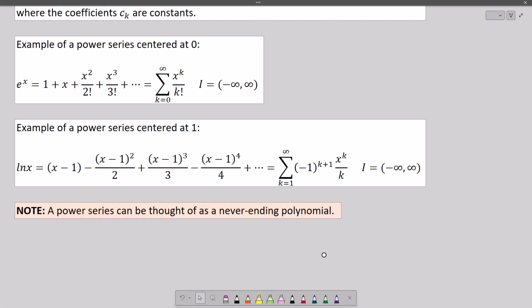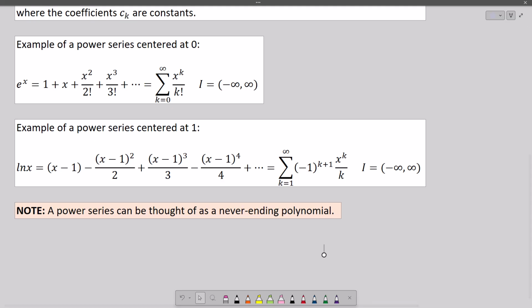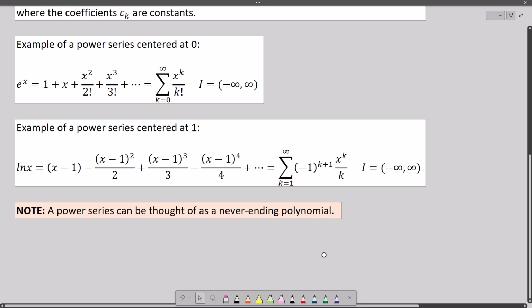It is true that you can build this Taylor series by doing the derivatives, exactly what we just did, and plug in 0. Notice that this is true on the whole real line for both of these. So no matter what x you plug in, if you want an approximation for e squared, you just turn all the x's into 2. If you want an approximation for e to the 5, just turn all the x's into 5.